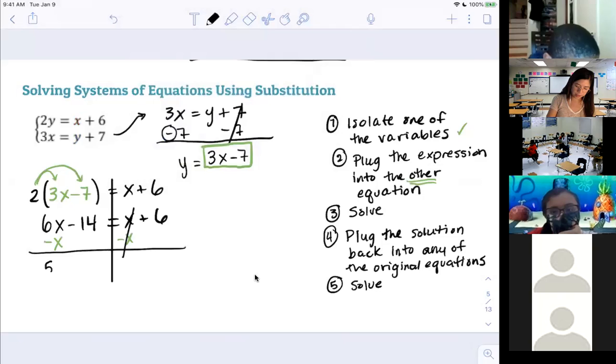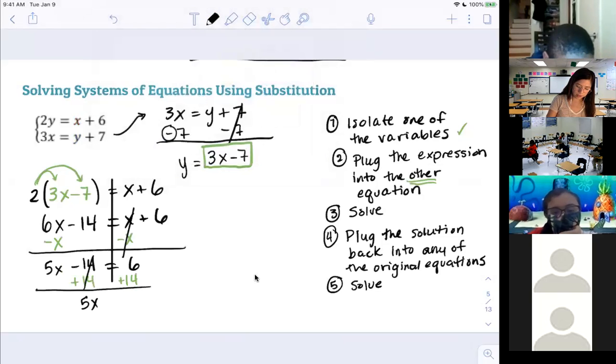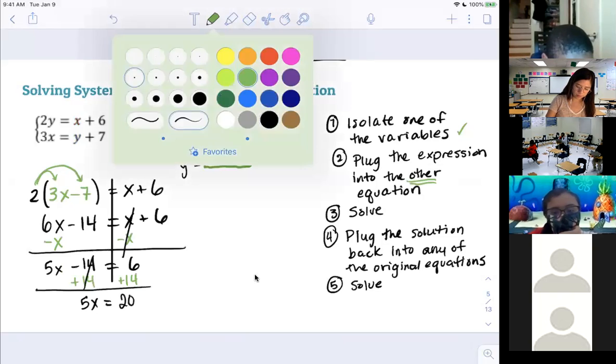So this is 5x minus 14 equals 6. Now I can add 14 to both sides. So what do I get? 5x equals 20, which means x equals 4.